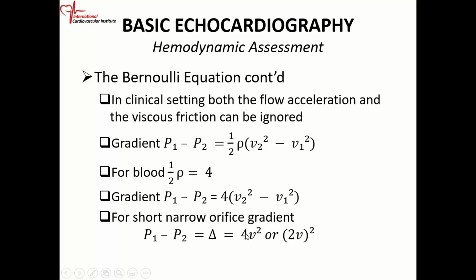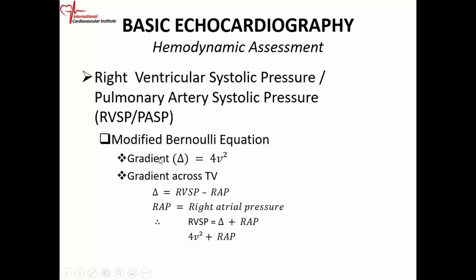Pressure gradient is equal to 4v squared, and this is the modified Bernoulli equation, and that's all you have to remember. So the gradient, the pressure difference between 2 points, is equal to 4v squared, where v is the velocity.